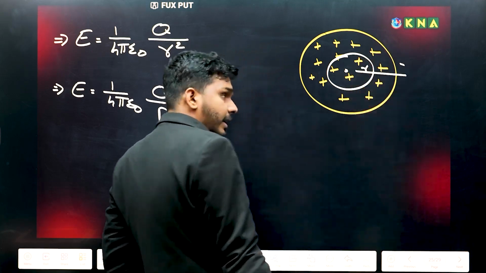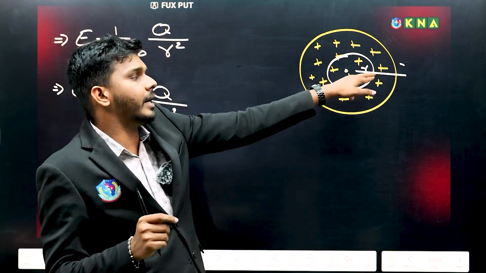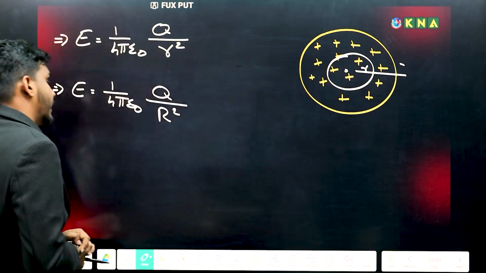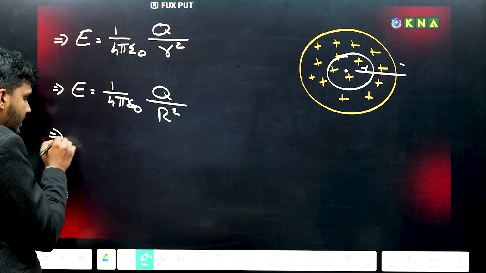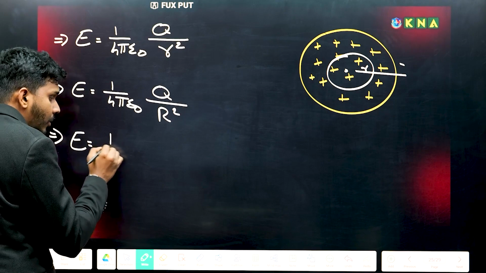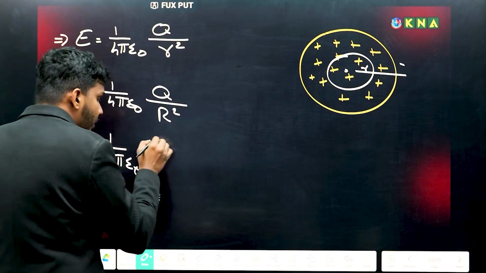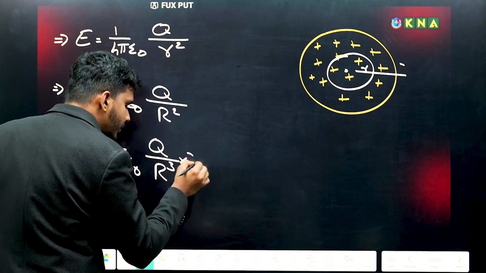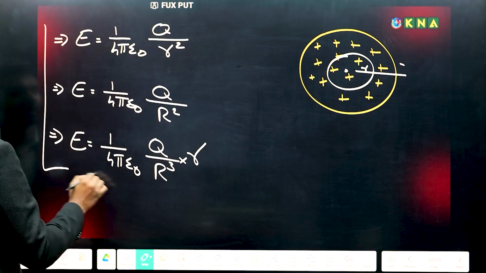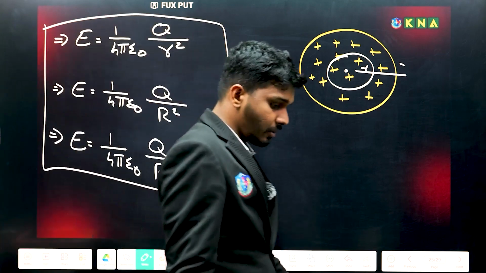So at a distance small r inside the non-conducting solid sphere, the electric field is obtained by the equation 1 by 4 pi epsilon naught into Q by capital R cube into small r. This is the equation to find the electric field inside the solid sphere.